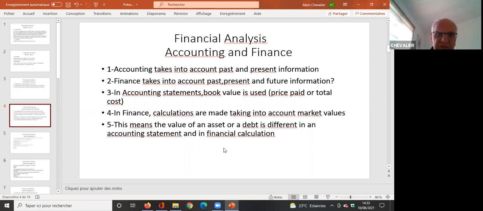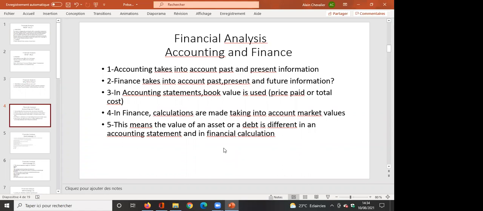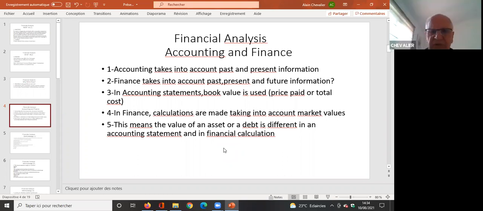Point 5 means that the value of an asset or a debt is different in an accounting statement and in a financial calculation. When you issue bonds, for example, in your balance sheet, you integrate the level of cash which is obtained from the issue, and progressively you decrease this number because you repay part of the loan.